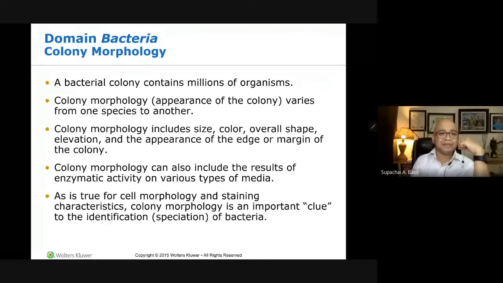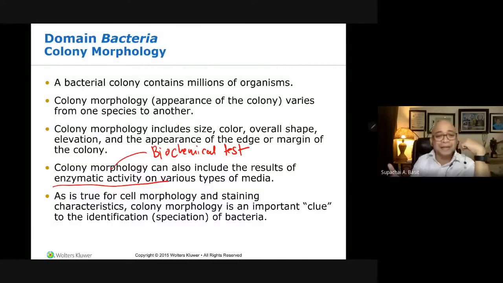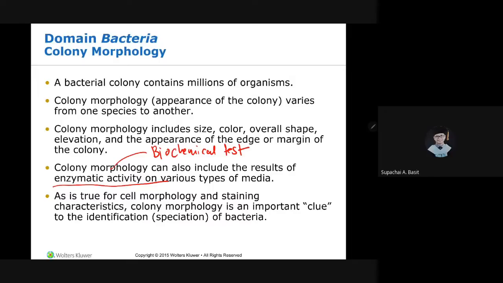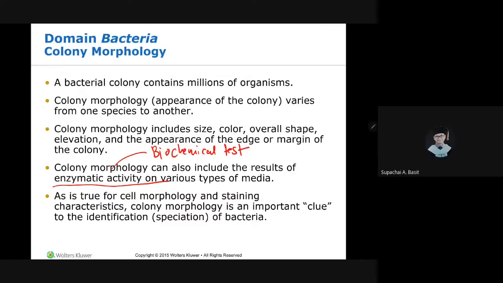Colony morphology can also include the results of enzymatic activity on various types of media. Sometimes we call this biochemical testing, so we can perform biochemical tests in the culture media. As is true for cell morphology and staining characteristics, colony morphology is an important clue to identify the species of the bacteria. It is not conclusive, but you'll find clues.